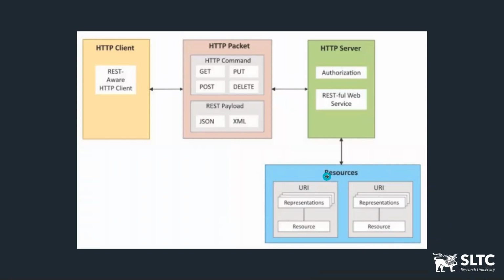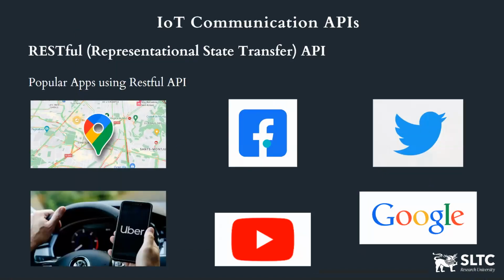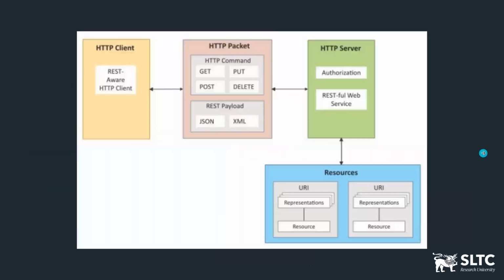Also in this case, the different resources will be accessed, and the resources will have a certain state. So the state of the resource will also be considered in this protocol or in this API. The state of the resource means what the updates on the resource are over time. That also will be considered once we are using RESTful APIs.